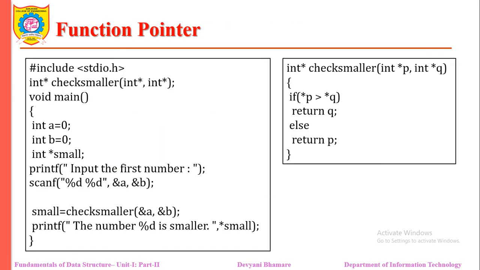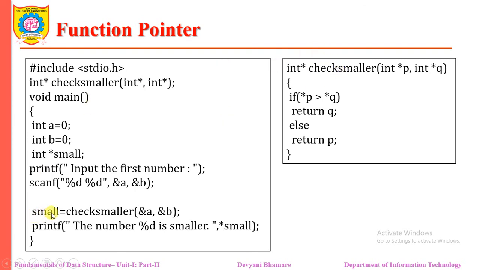If you observe this program, we have one pointer variable, small. Then we call the checkSmaller function, where we pass the two variables by reference. This checkSmaller compares the numbers to find which is the smaller number. Then it directly returns a pointer, an integer pointer, which is why we wrote int star.